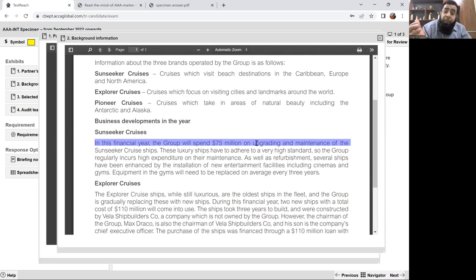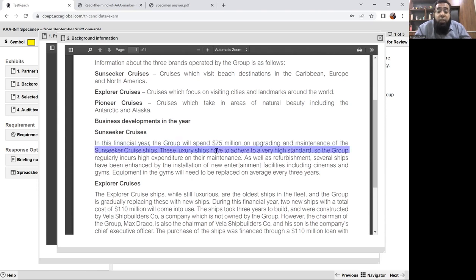Upgradation outflows can be capitalized. Maintenance outflows have to be expensed out. These luxury ships have to adhere to a very high standard, so the group regularly incurs high expenditure on their maintenance. Maintenance has to be expensed out.